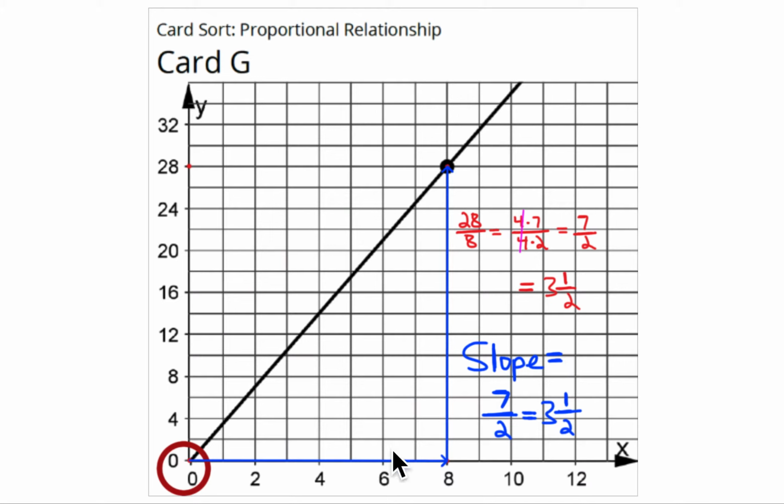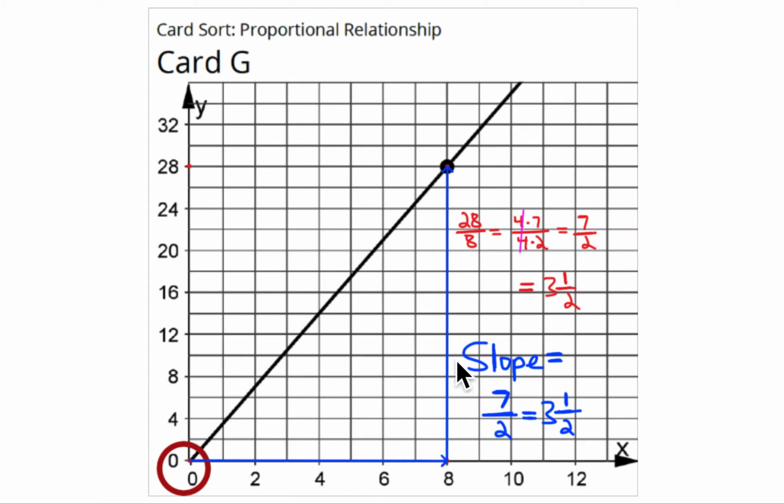This is 7 halves. So the number of units along the y-axis is 28. The number of units along the x-axis is 8. That's 7 halves of 8 is 28. Well, 1/2 of 8 is 4, and then 7 halves, 7 times 4 is 28. 7 of those halves, 7 fours, is equal to 28.